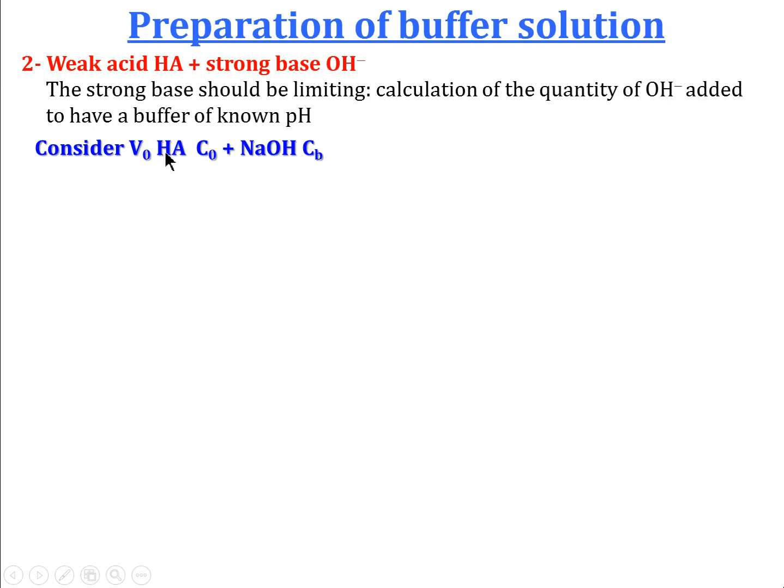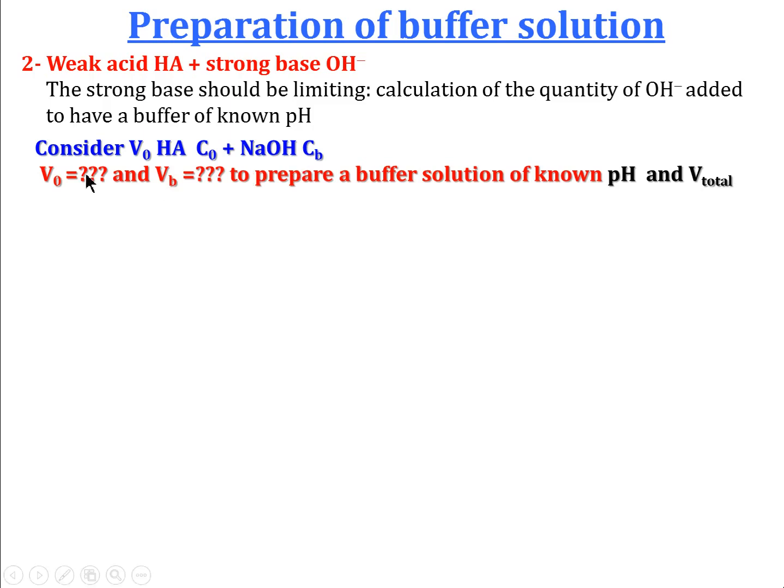Consider V0 of HA of concentration C0 plus NaOH of concentration Cb. So the question: what should be the initial volume of HA and the volume Vb added in order to prepare a buffer solution of known pH and V total?